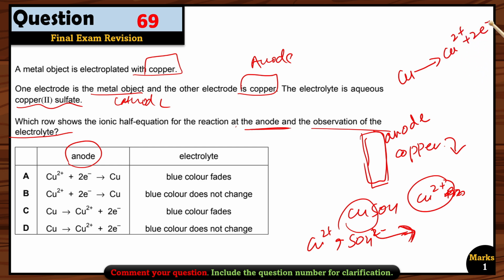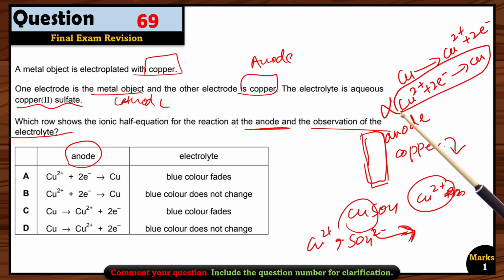So this will be the equation at the anode. You cannot write like this. This is wrong, because this happens usually at the cathode, not at the anode. This is reduction. Oxidation takes place at the anode and the copper metal will change into copper ions. So can you see which option is right? Yes, these two options are right.